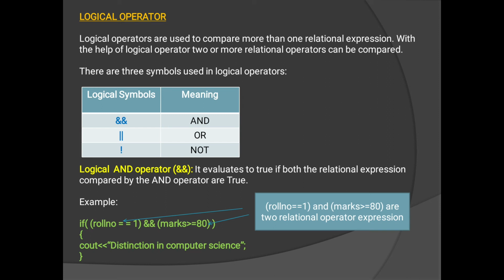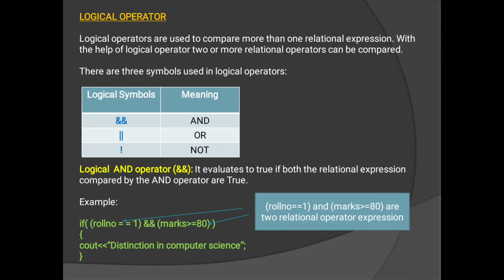So roll number is a variable, and 1 is a constant value that is compared with the value stored in the roll number variable. If the user enters the value 1 from the keyboard, it gets stored in the roll number variable. Now 1 equals 1, in that case it is true.